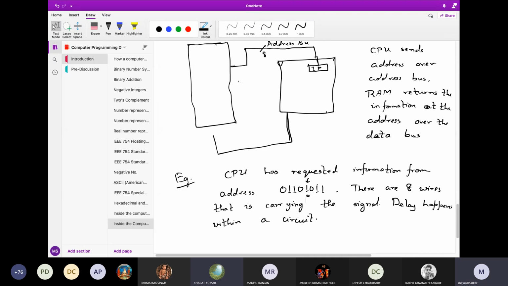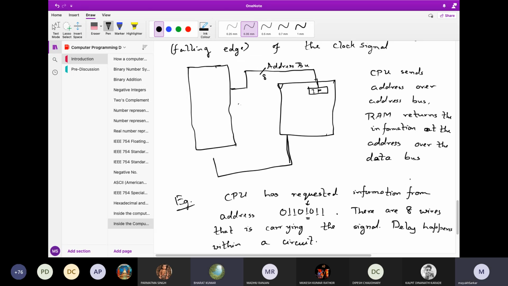Yes, sir. Okay. Now that's where the problem is. Sir, you said this happens in the circuit itself, right? Yes, it happens in the circuit itself. Sir, can we make it intentionally? Obviously, you can make it intentionally.